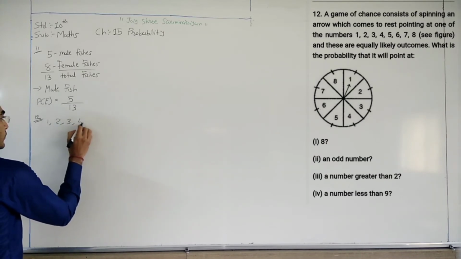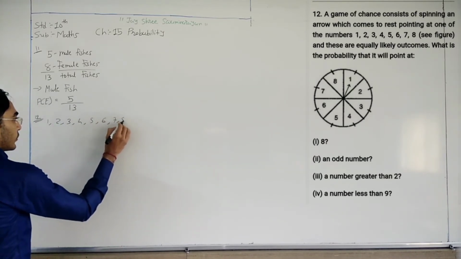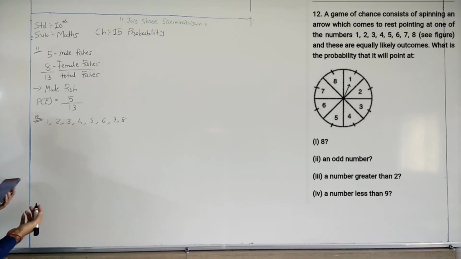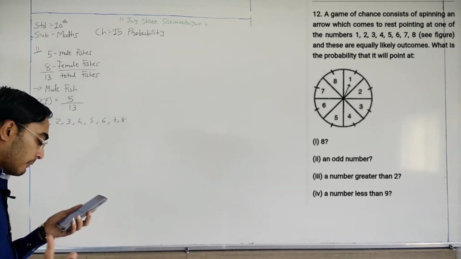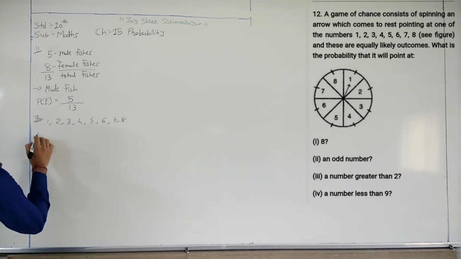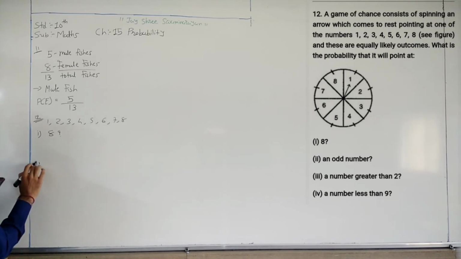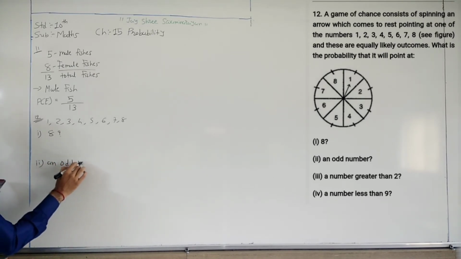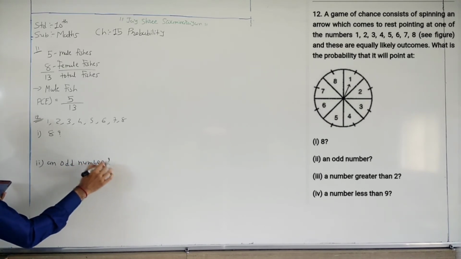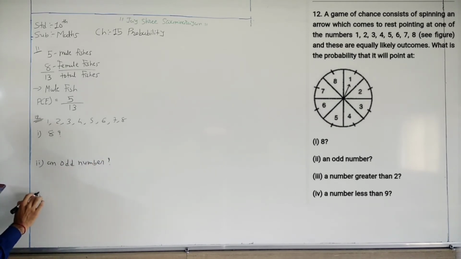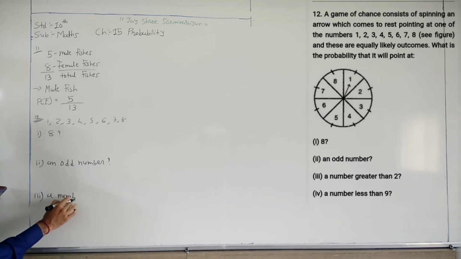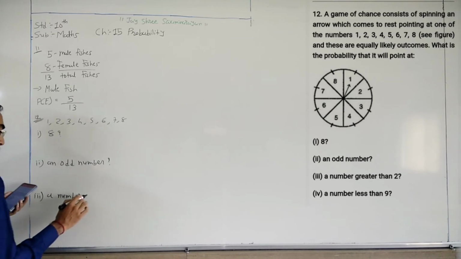In total there are 1, 2, 3, 4, 5, 6, 7, 8 numbers, right? And all the numbers appear only one time on the wheel. First of all, we need to find the probability for 8. After that, we need to find the probability for an odd number. After that, the probability for a number greater than 2.